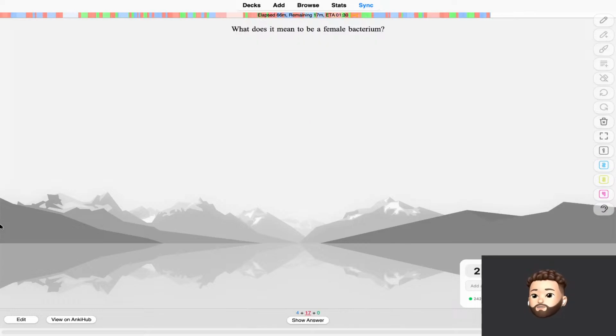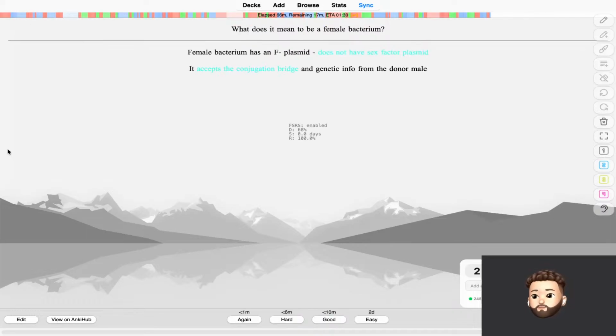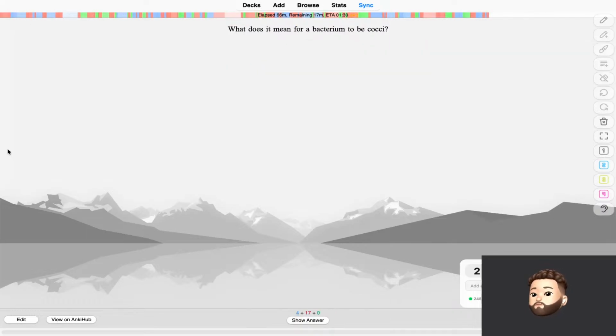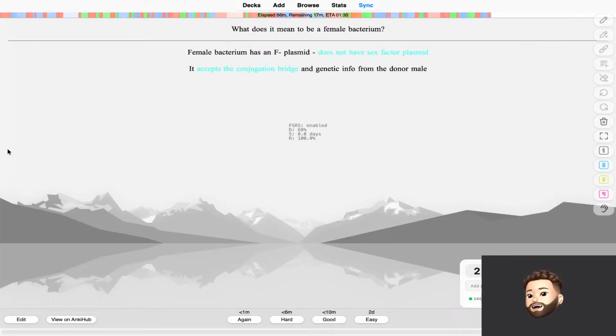What does it mean to be a female bacterium? It has no F plasmid, and it accepts the genetic information from the male bacterium, and it accepts the conjugation bridge. Wait, it says it has an F minus plasmid. Is that even true? Does it have an F minus plasmid, or does it just not have the plasmid? That was my understanding.